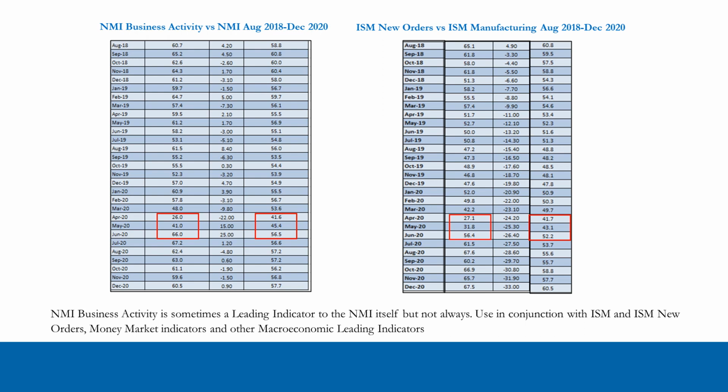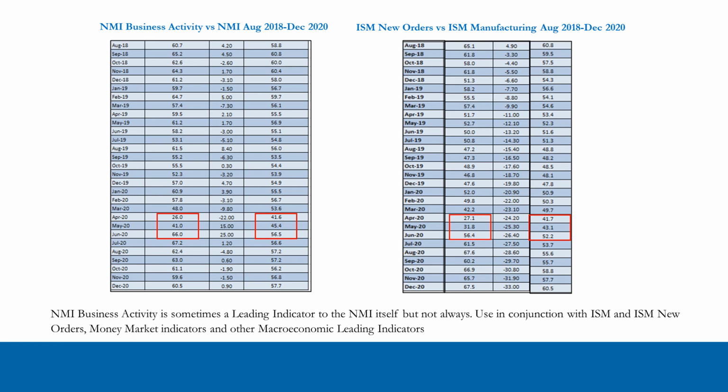So when we look at the ISM manufacturing composite number, you can see the recovery post the Fed rate cuts, where the composite index went back above 50 in January and February 2020, putting in two readings above 50.